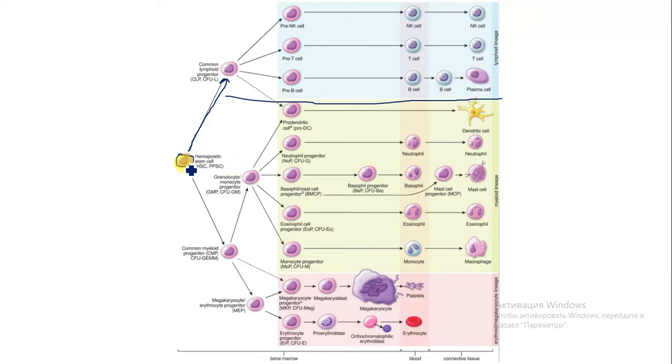Another lineage is known as the myeloid branch of hematopoiesis. It produces common myeloid progenitor, CFU-GEMM, and CFU-GEMM later differentiates into two lineages: megakaryocyte erythrocyte progenitor and granulocyte monocyte progenitor, which is responsible for both granulocytes and monocyte formation.